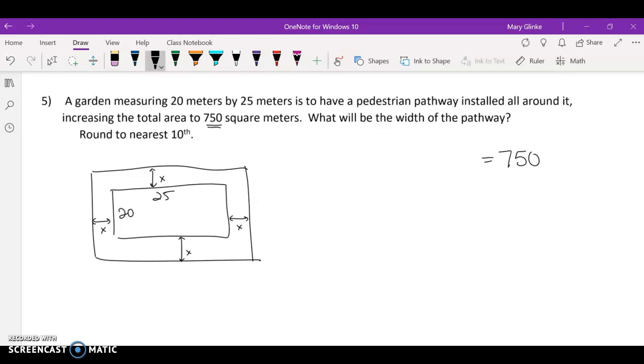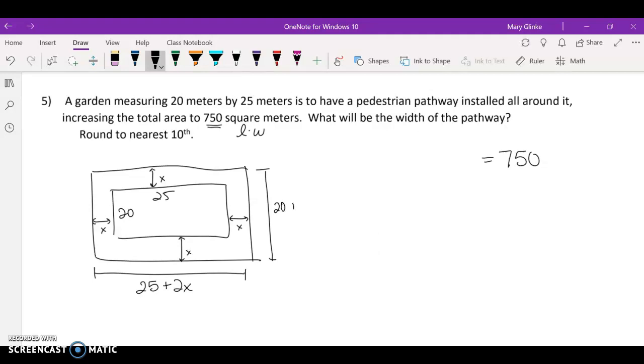So now to find the area, you have to do length times width. But we don't know our new length or our width. Looking at this, originally my width was 25, but I'm extending it by x on both sides. So overall, I'm doing 25 plus 2x.